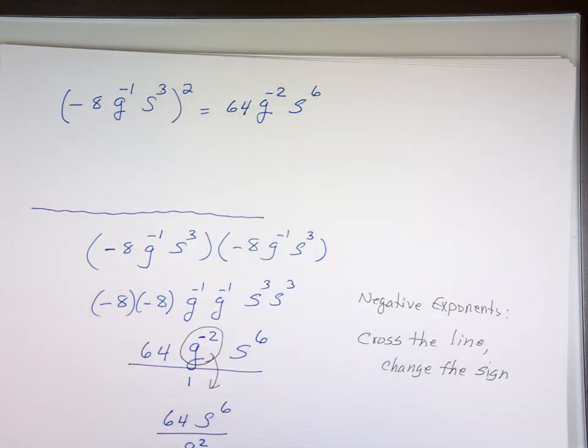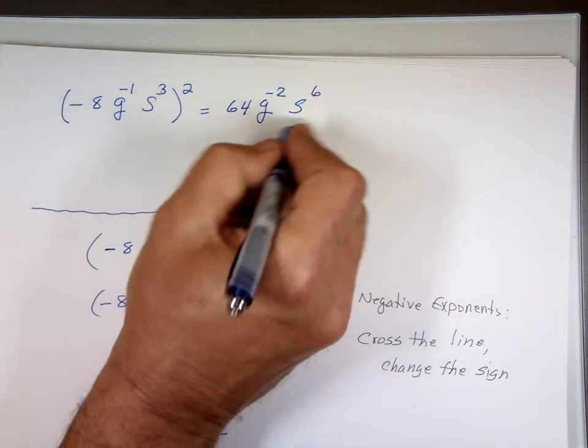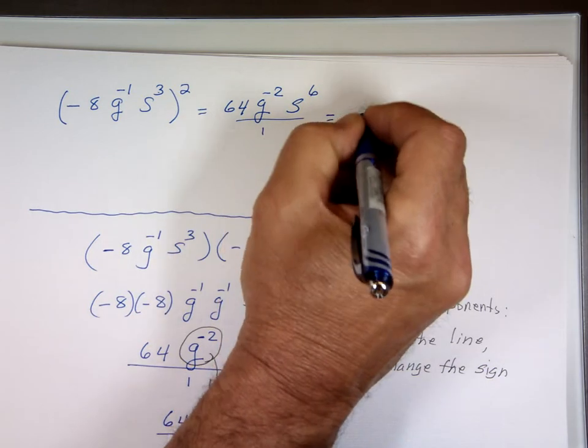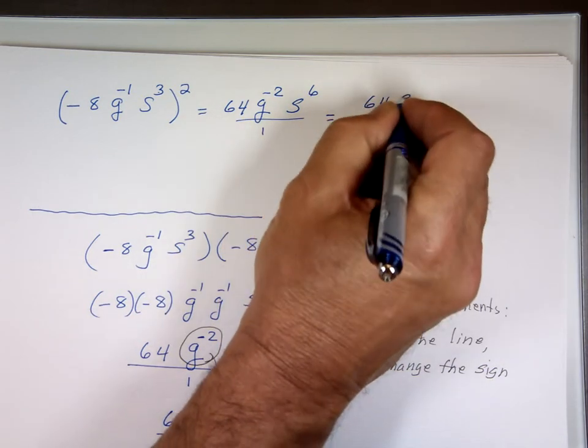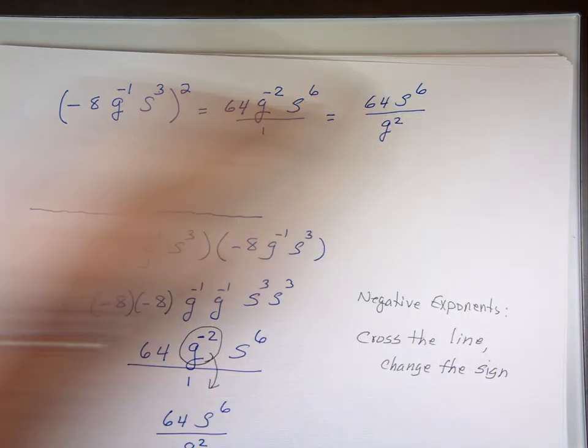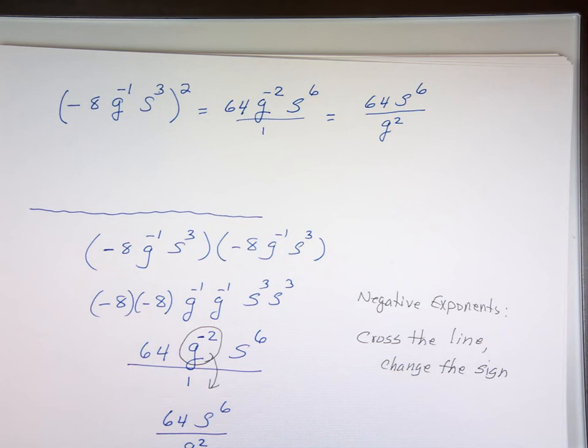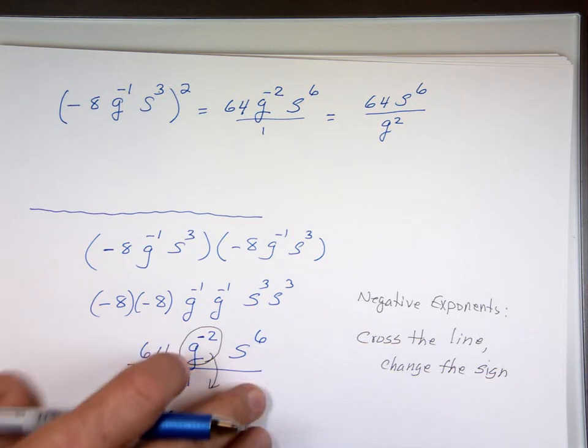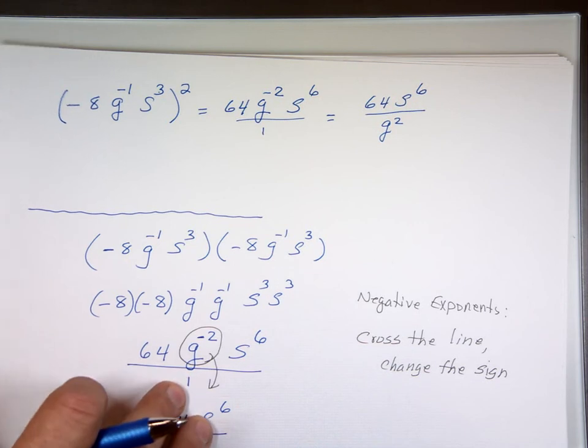We don't like negative exponents. That's over 1 again. Cross the line, change the sign. 64 s to the 6 over what? G squared. Is that the same answer? Much quicker. So anytime I have negative exponents, I actually cross the line, change the sign. I find it a little bit easier and quicker.